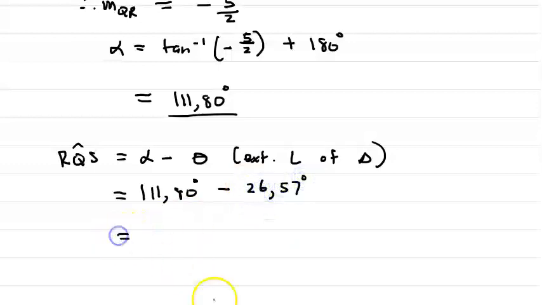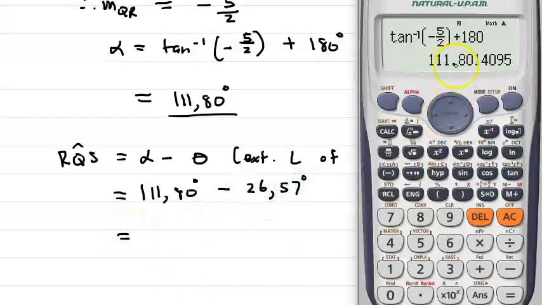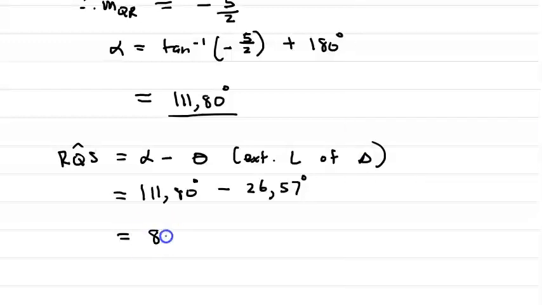Let's put that into our calculator. We already have 111.80 degrees there, so we're just going to say minus 26.57 degrees, which gives 85.23 degrees. So therefore, we can conclude that the angle RQS is equal to 85.23 degrees.